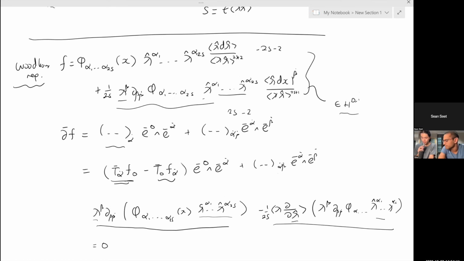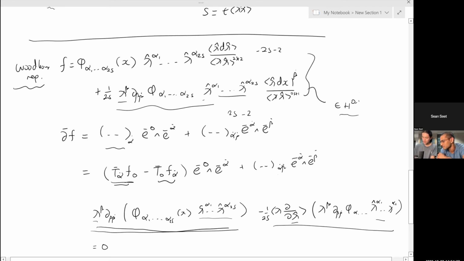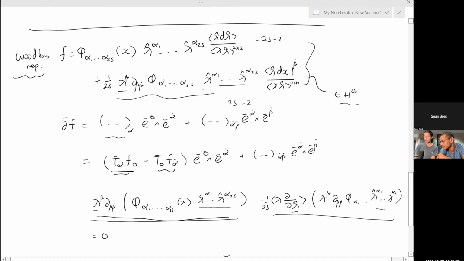So if we just have the first term, is it evident that the action of d bar will do what we expect it to? That's a good question. It's not obvious. We require this to cancel against the contribution from the other term.